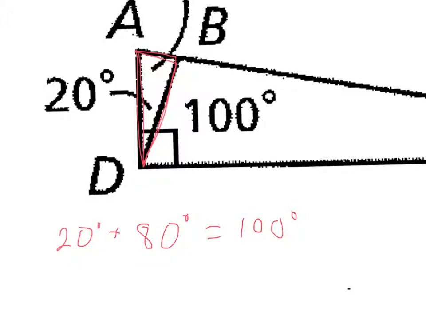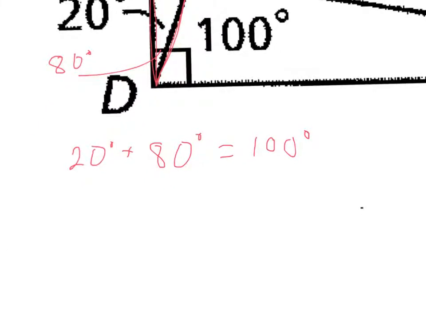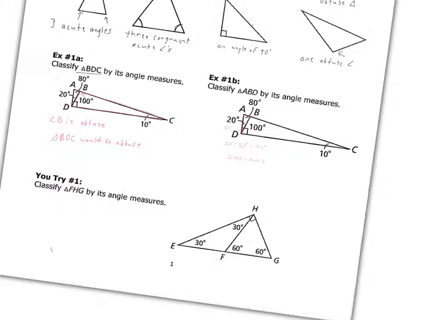So your last angle must be 80 degrees. Since you have a 20, 80, and 80 degree angle, you know that you have three angles that are less than 90 degrees, or acute, so you have an acute triangle.